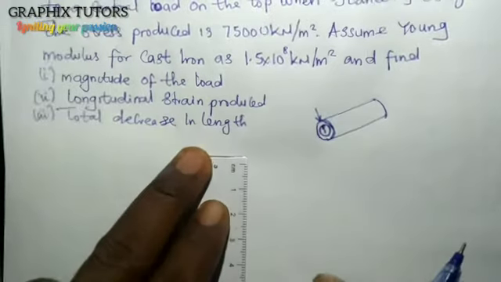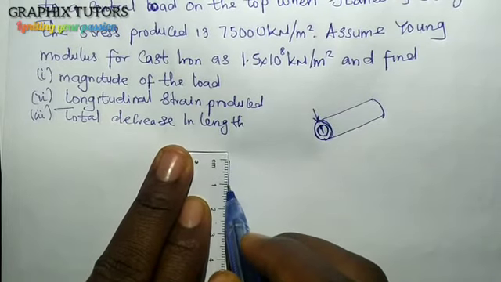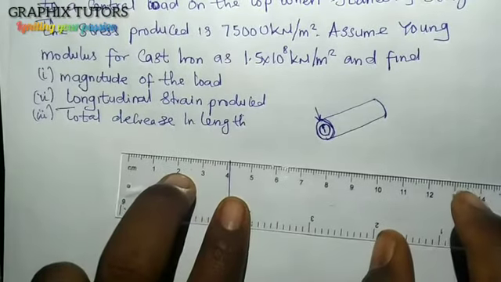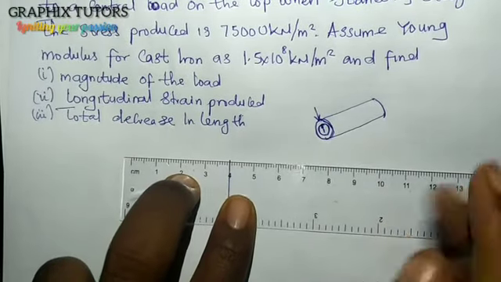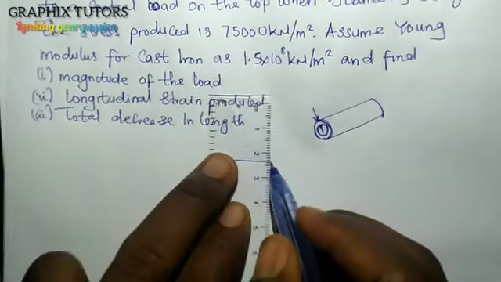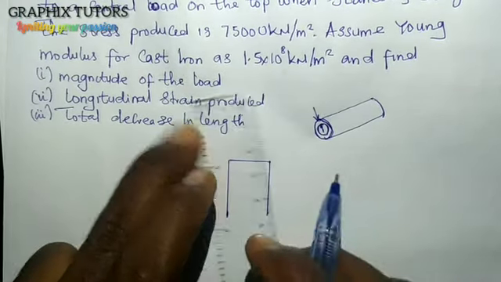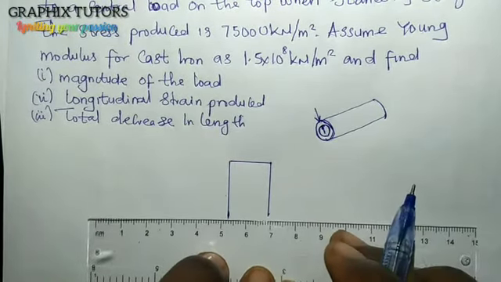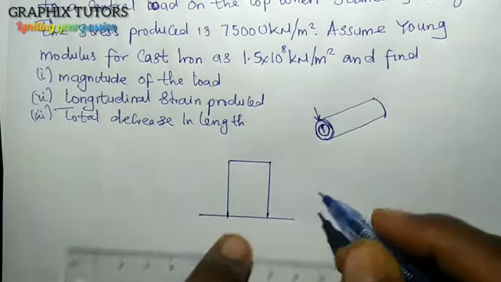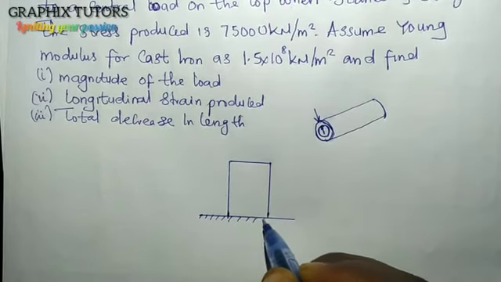So let's say it is standing straight, so I have something like this, this coming here this way, and then this coming here this way, and this coming here this way, right? It's standing straight, so it's standing on the ground. So this is the ground, or the floor it is standing on.